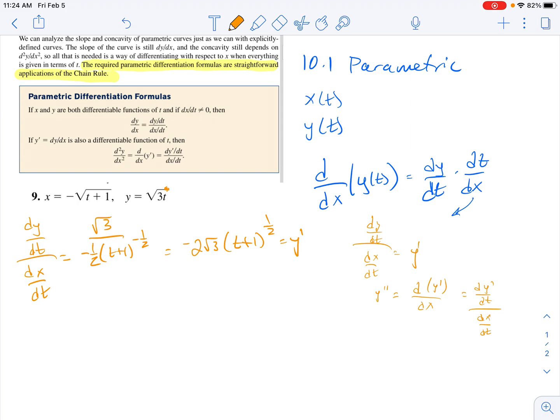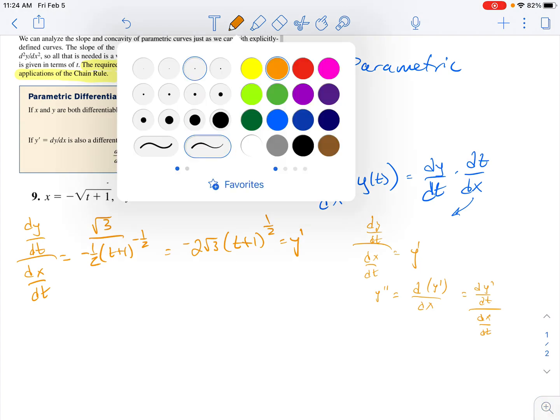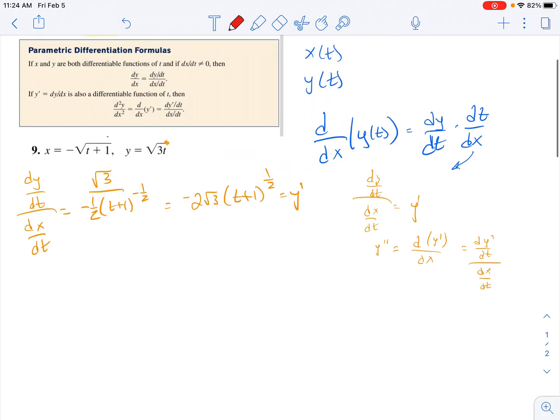Now, if we want to find the second derivative, then we just need to do dy prime/dt over dx/dt. dy prime/dt is going to be the derivative of this with respect to t.